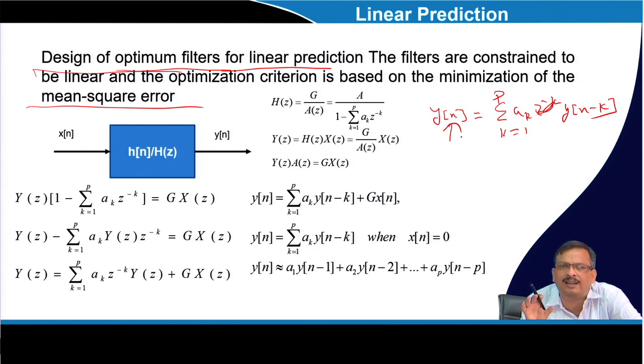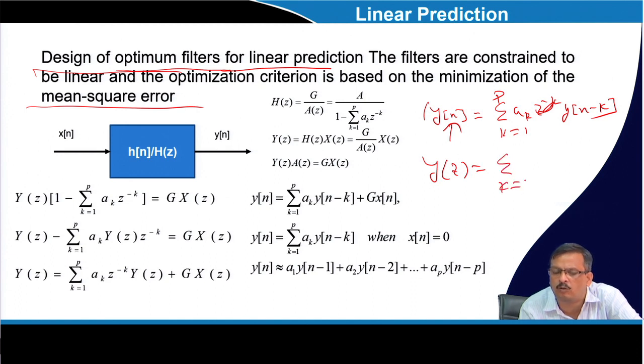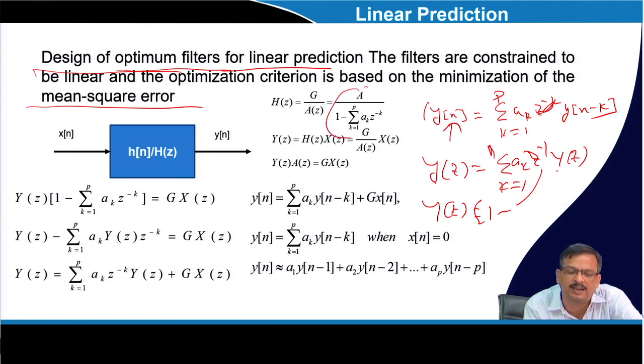If I say that, then the transfer function will be: Y z is equal to the sum for k equal to 1 to p of a k z to the power minus k Y z. If I take this to the other side, Y z is nothing but 1 minus this one, and when I say transfer function, it is nothing but 1 by this.